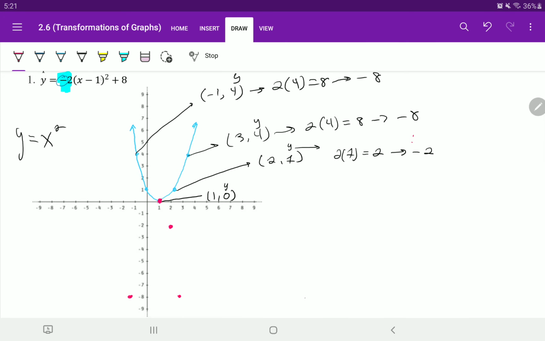And then for the last one, that coordinate is going to be 0, 1. Take the y coordinate, multiply it by 2. So 2 times 1 is 2. Change the sign of that. That becomes -2. So now we have 0, -2.